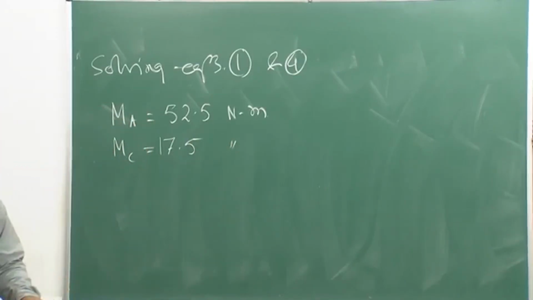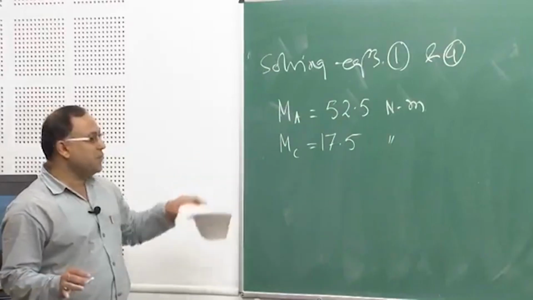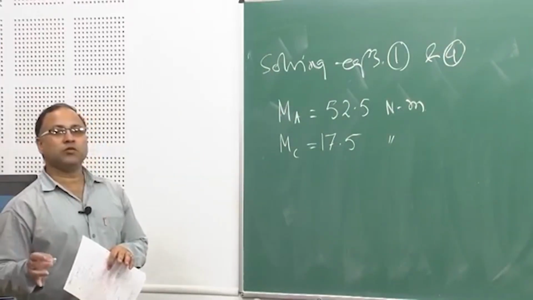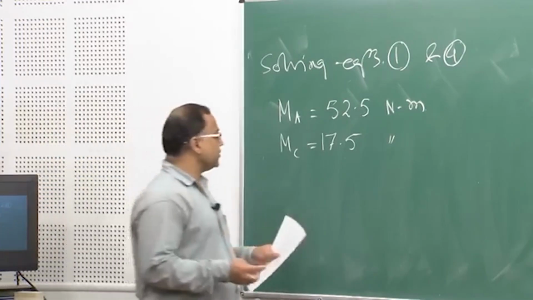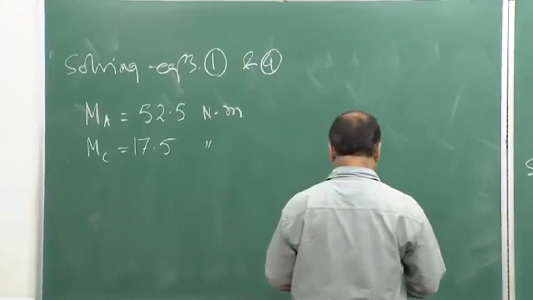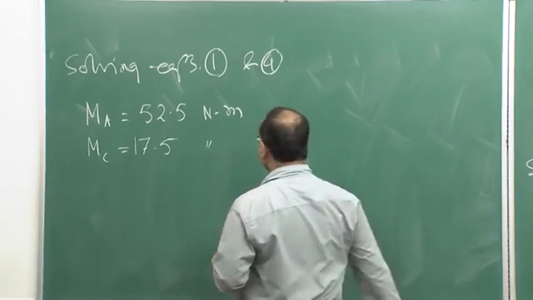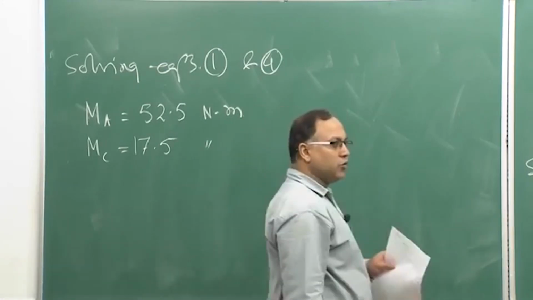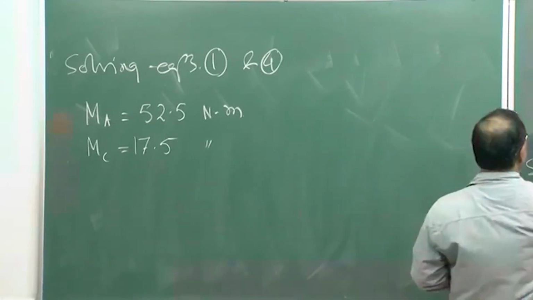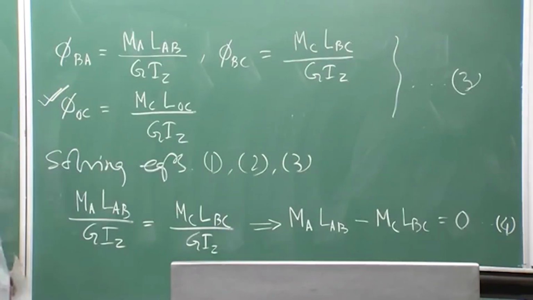Okay, so the two unknowns, MA and MC, are now found out. Once you have found these unknowns, you can find out phi OC, because that is basically your objective, phi OC.